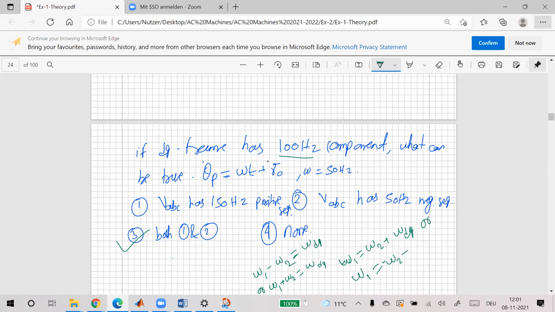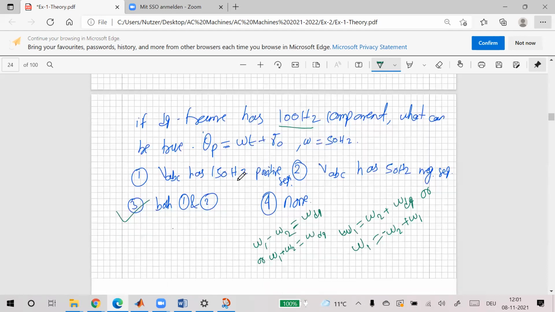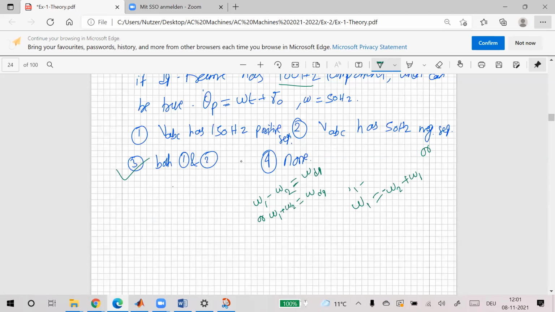Then we have to use minus symbols there. Let me write this way, so you can understand. I just don't want to make any mistakes in positive, negative.